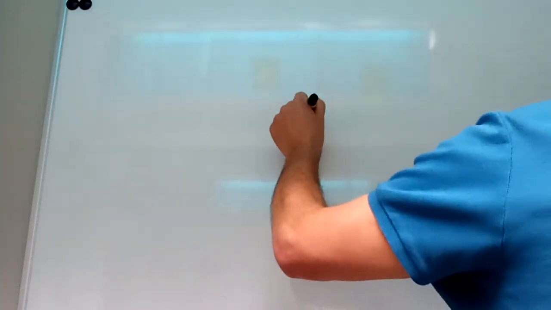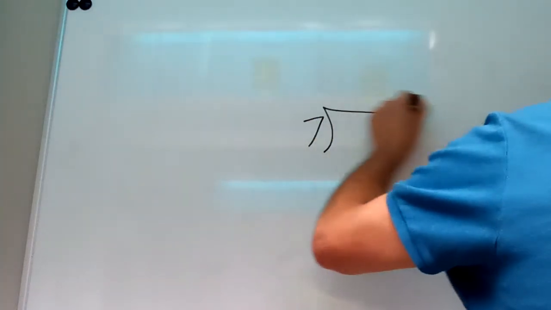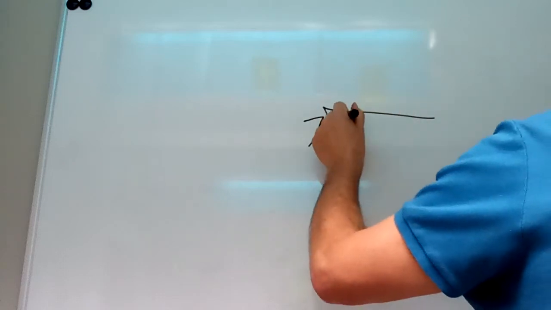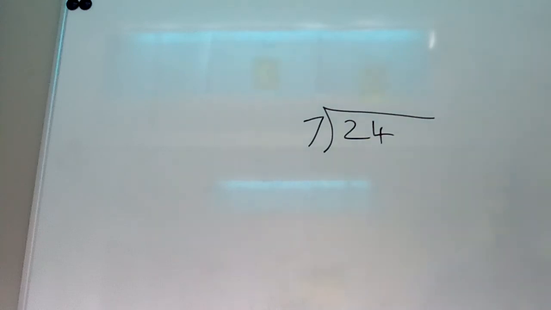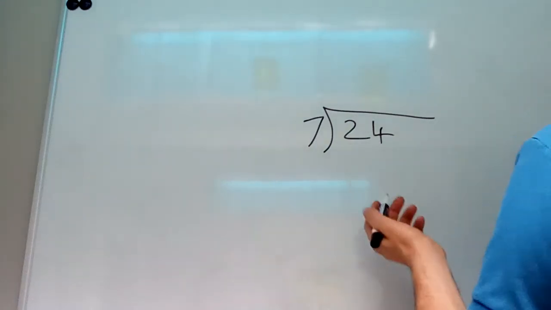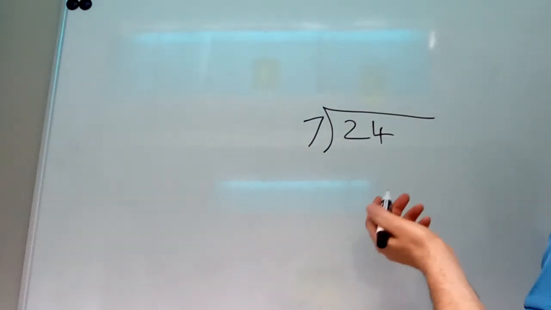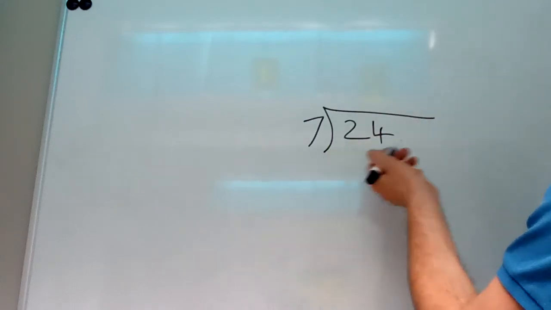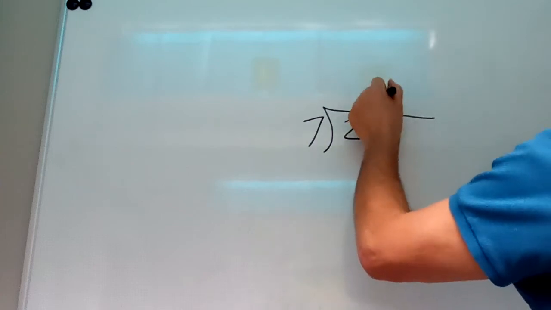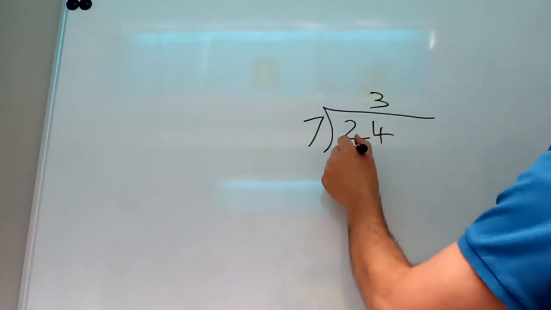Okay, so let's try another one like that. You can do that with a 1-digit divisor too. If I have 7 there, and I'm going to take 24 and divide by 7. Well, 7 will go into 24 how many times? 7 times 3 is 21, so that's probably going to be it. 7 times 4 is 28, that's going to be too big. So I'm going to go with 3. 3 times 7 is 21.